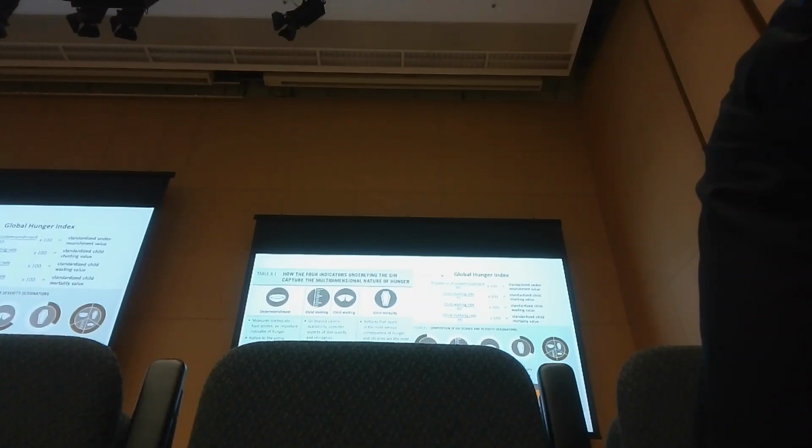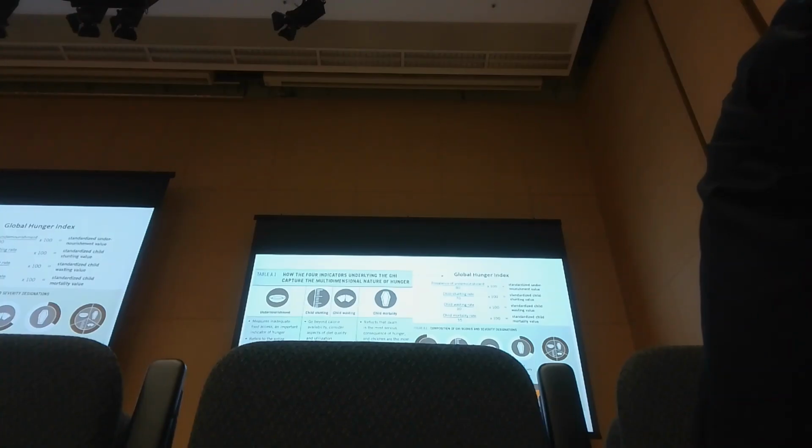So in terms of the Global Hunger Index, we want to take several other parameters into consideration. Okay, that's the Global Hunger Index. We also want to consider the children, who are the most vulnerable group in the community. Of course, we are also talking about the prevalence of undernourishment.